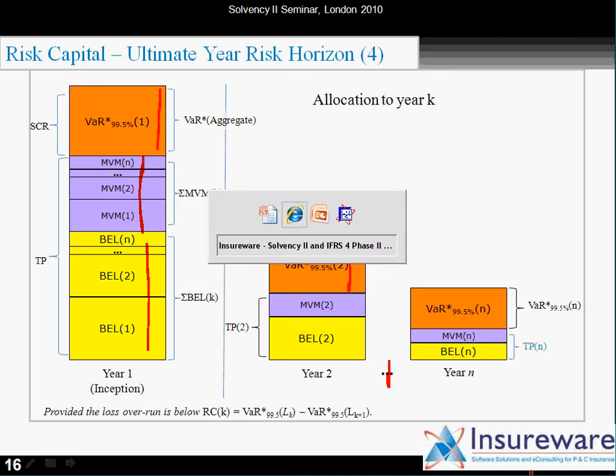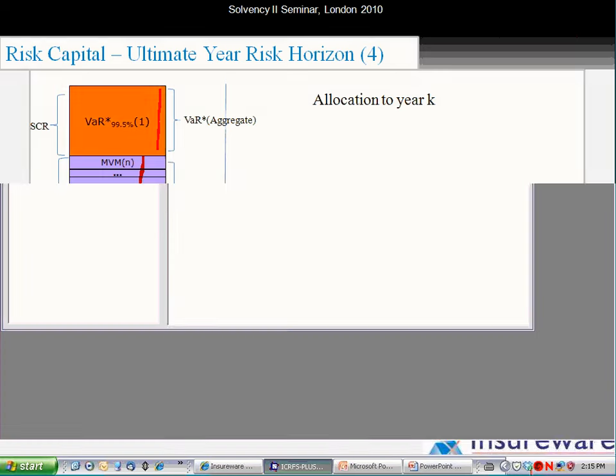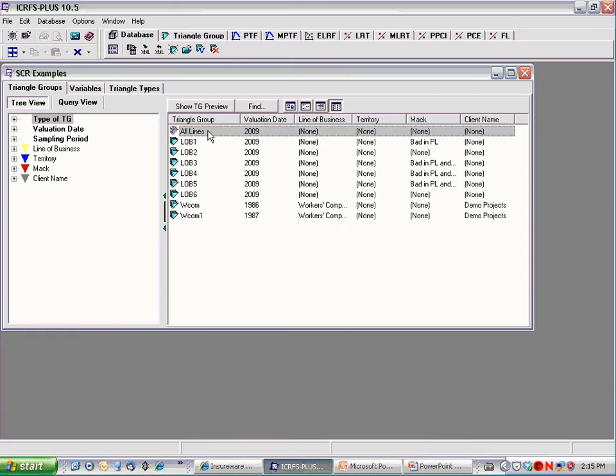So now let's calculate these statistics and maybe even do a comparison to the one-year horizon. So the first thing we'll do is run the model.